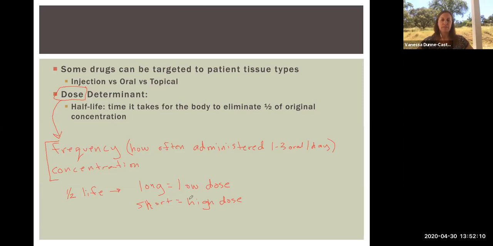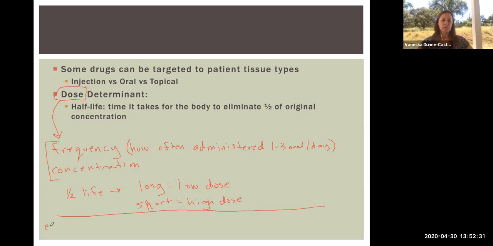So if something gets cleared very quickly, you likely are just going to increase the administration of a low concentration oral tablet, for example, and just hope that your patient consistently administers that medication so that you maintain the minimum inhibitory concentration. And so I'm going to keep just bringing that back again.